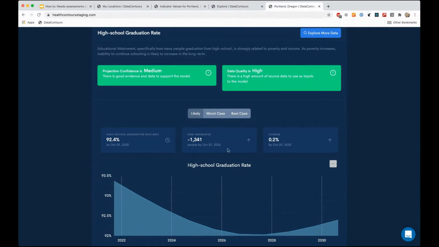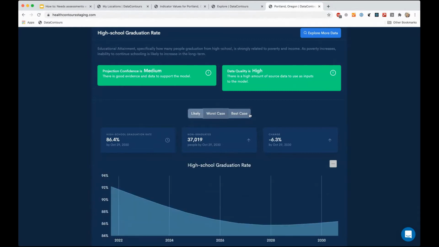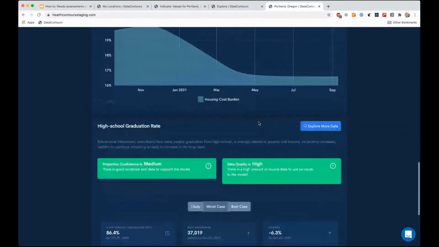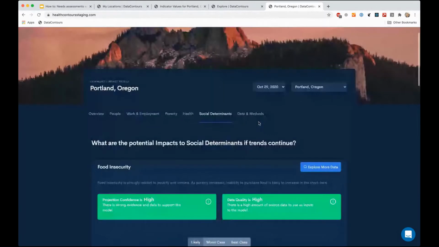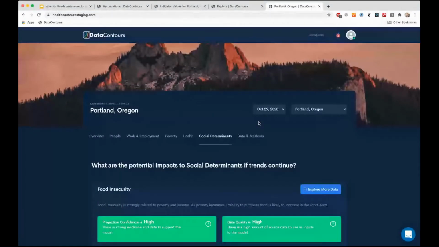So we would see in the likely scenario, 1,300 people would not graduate who otherwise would. And in the worst case scenario, it would be 37,000 people who otherwise would graduate, would not graduate. Okay, so that's a lot.